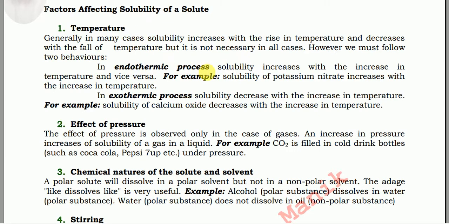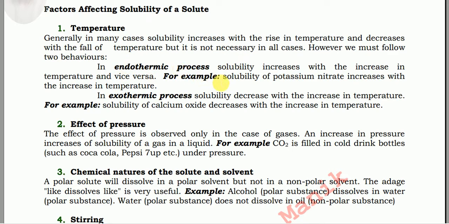In case of an endothermic process, meaning the process that absorbs heat, the solubility increases with the increase in temperature and vice versa. The endothermic process is the process where heat is absorbed. For an endothermic process, the solubility increases when the temperature is increased, or inversely, when the temperature is decreased, the solubility will be lower.